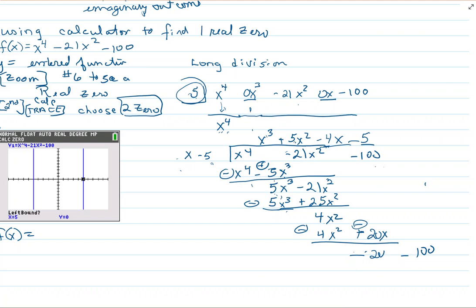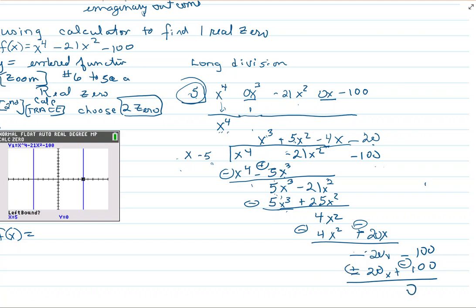And that'll give me a negative 5. Let me look. 4. Sorry. Negative 20. I apologize. So that's going to give me negative 20x, and that's going to give me a positive 100. Draw my line and change my signs.